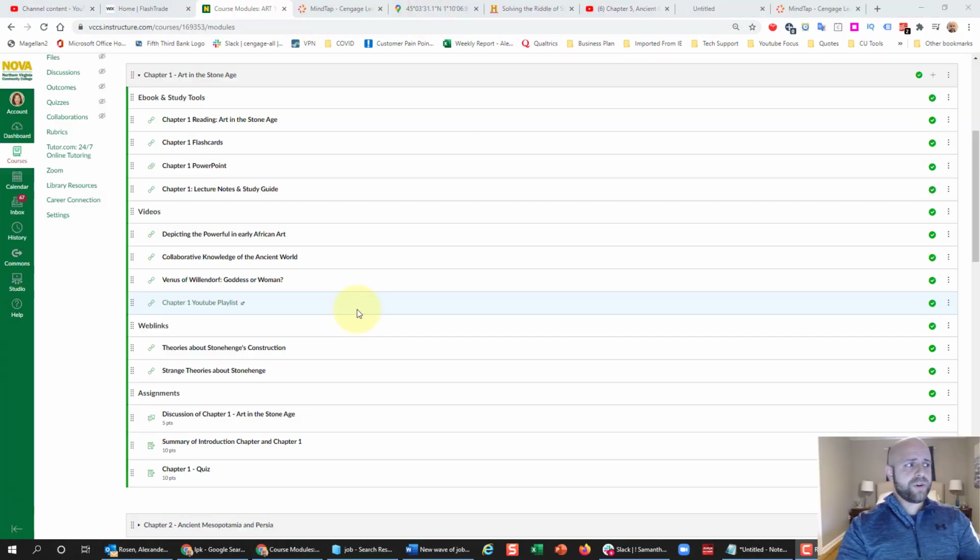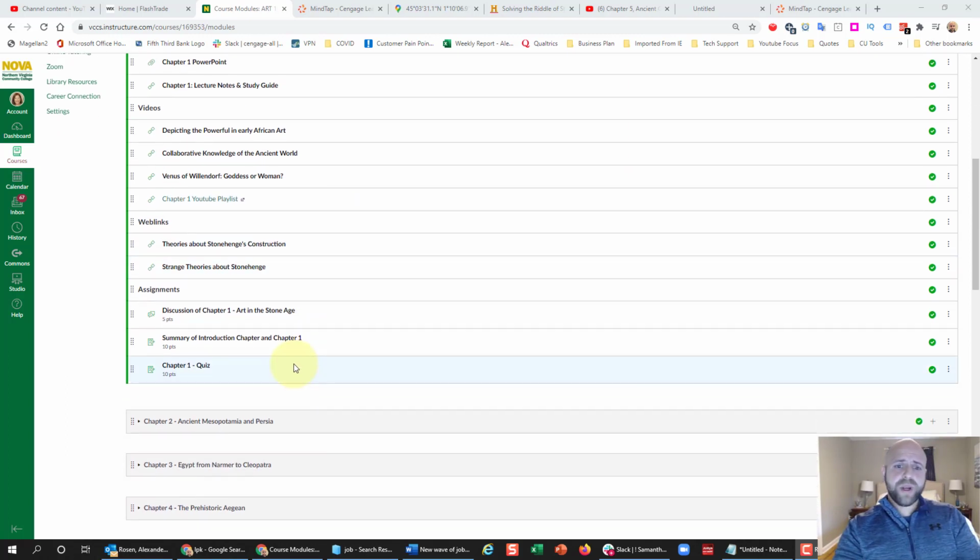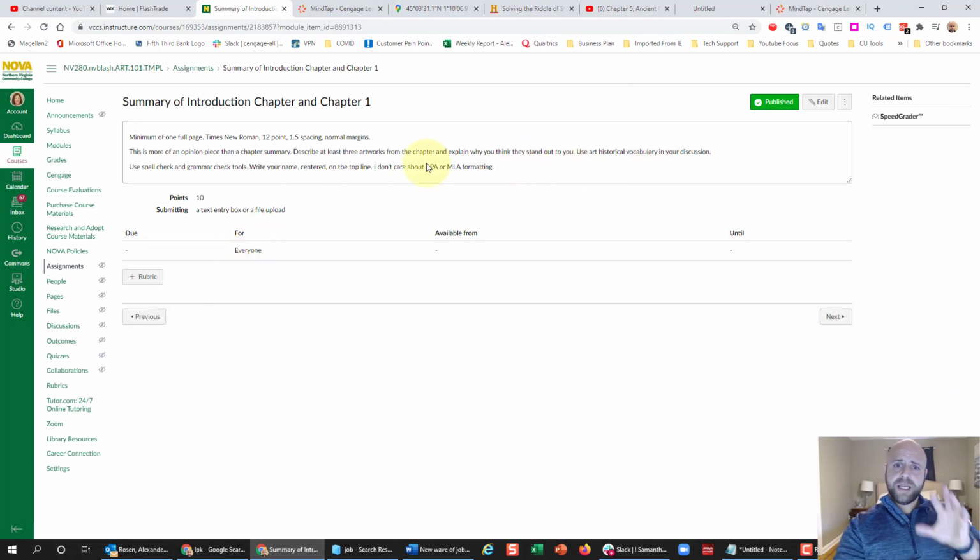Now, another goal of the class was to have good formative assessments to make sure that the students were grasping the basics of each period. So, in looking at that, that's where our summaries of the chapters and our quizzes would come into play. Now, these summaries are very basic text entry kind of items with specific prompts and directions for the students.